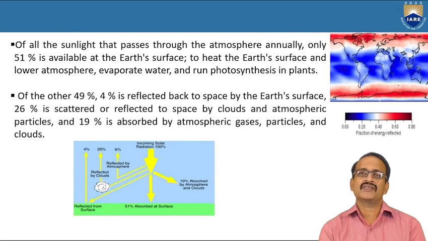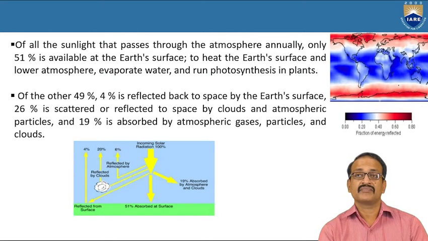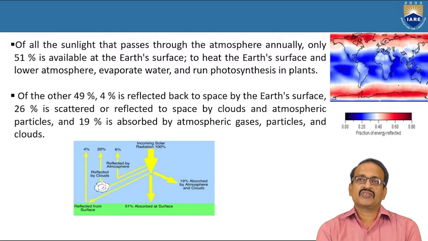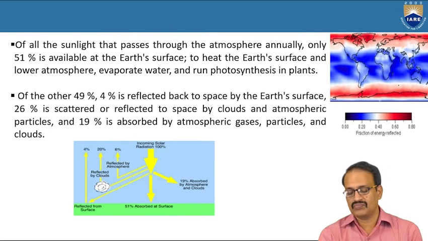So again in this 49%, 4% is reflected back to the earth's surface, and 26% is scattered or reflected to the space by the clouds and atmospheric particles, and 19% is absorbed by the atmospheric gases, particles and clouds.